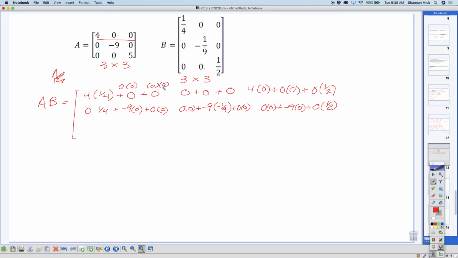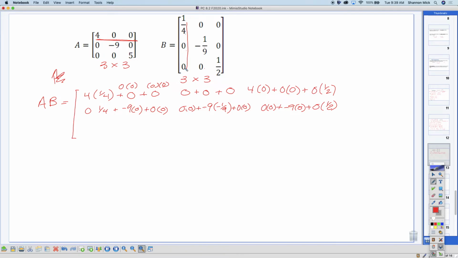So are you going across? I'm going row, column. Yeah, that's what I thought. That's what I said. I said 4 times 1/4. Then you said 4 times 0. And it's 0 times 0. It's 4 times 1/4, 0 times 0, 0 times 0.